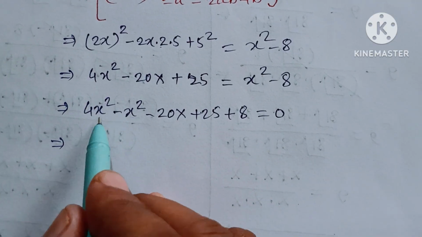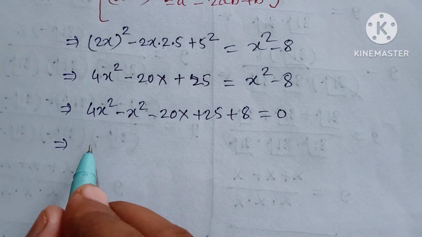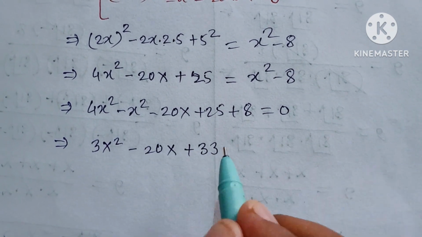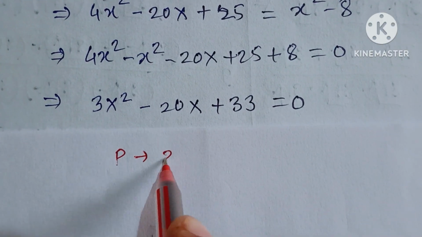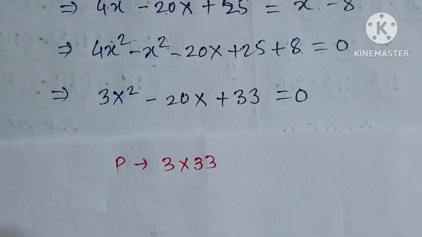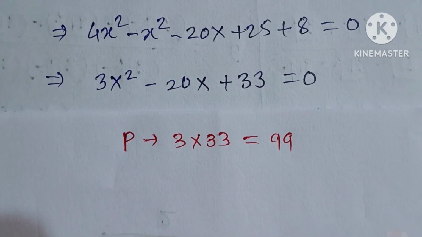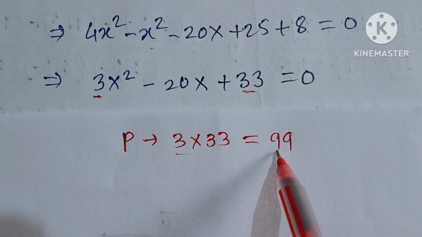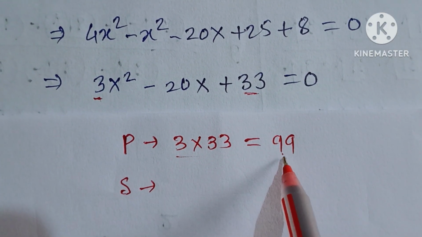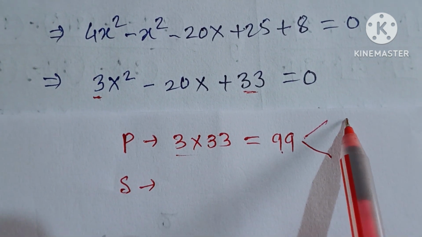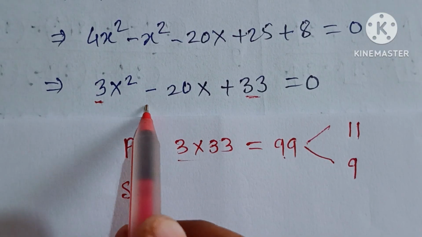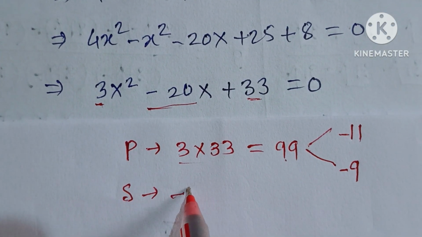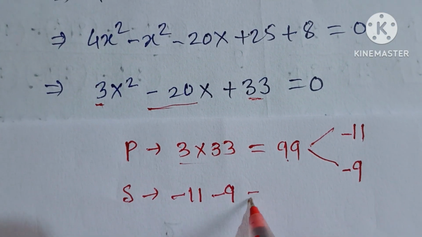Now 4x square minus x square is 3x square minus 20x plus 33 equal to 0. 3 into 33 is 99. The coefficient of x square is 3 and the constant is 33. The product a times c is 99, and the middle term is minus 20, so the sum should come to minus 20. 99 is 11 into 9, so we write minus 11 minus 9 equal to minus 20.